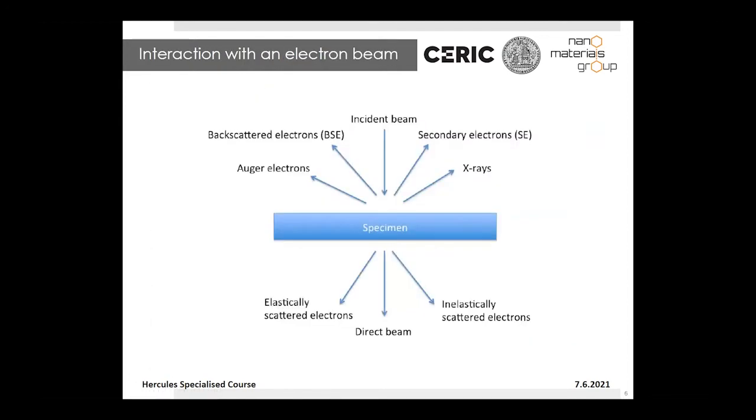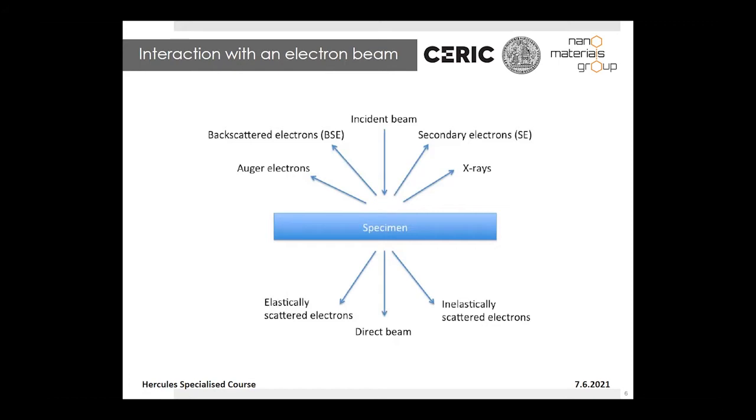As was said in the morning lessons, when we have an interaction of an electron beam with a sample, the incident beam then emits several different electrons and photons. What we are able to detect are secondary electrons, backscattered electrons, X-rays, and Auger electrons.